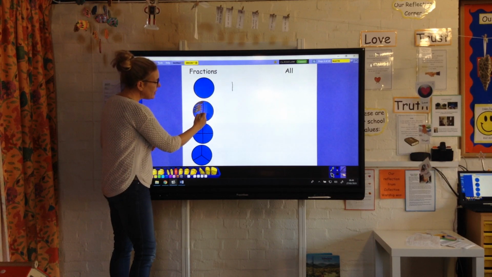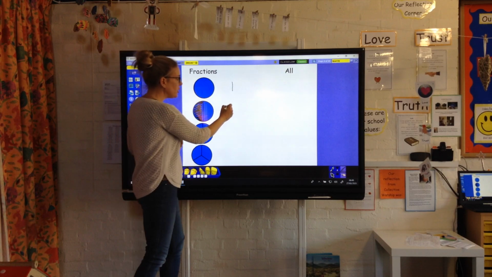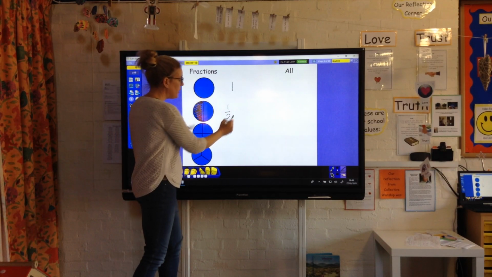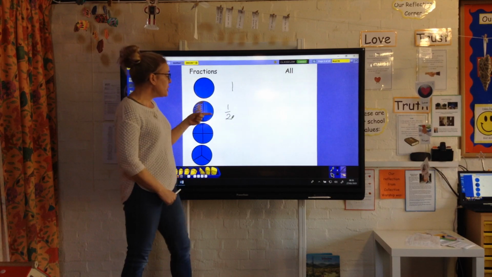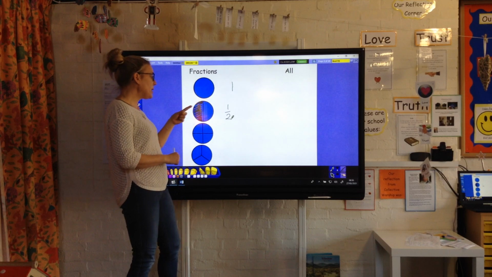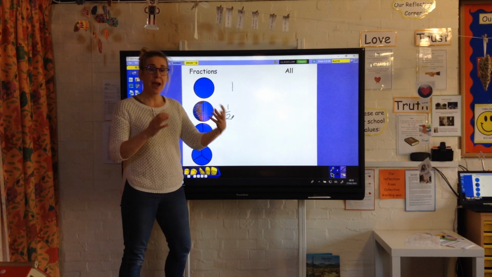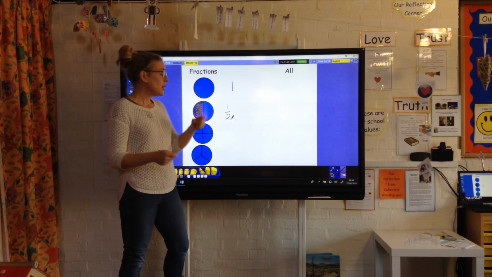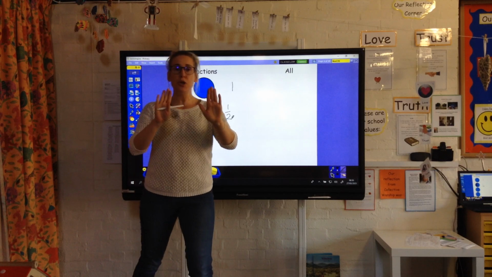And when we look at these 2 parts, each of these parts is the fraction 1/2. So each of these is 1/2, okay? The number at the bottom, that denominator, that tells you how many parts to split it into. The number at the top tells you how many of those parts you've got. So when you're thinking about halves, you're splitting something into 2 pieces.